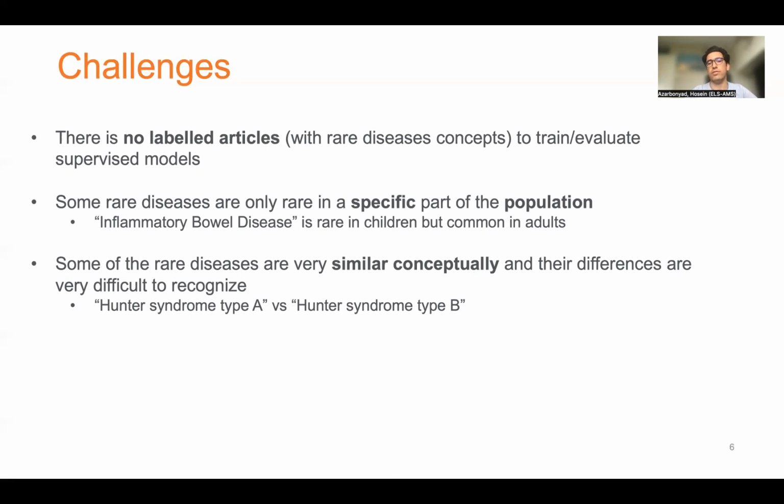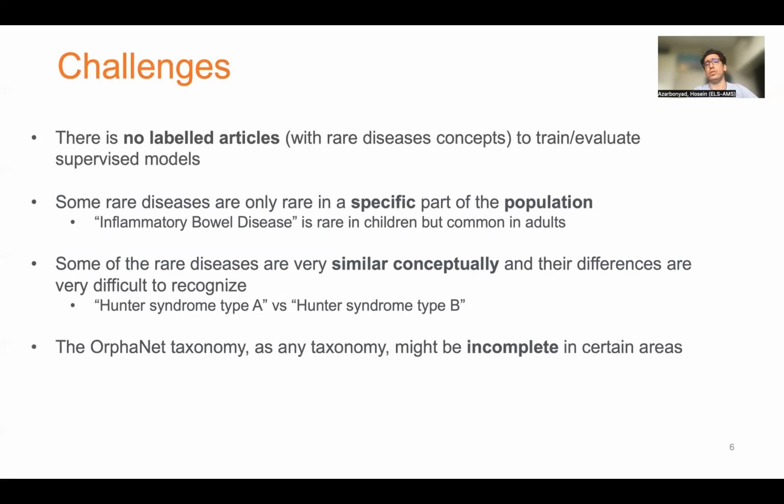And sometimes even the symptoms or the genes causing diseases are also very similar, and any shallow model that you want to build would fail to detect the differences between different rare diseases. So you need to build a model that can understand the context and also understand the genes and symptoms and can differentiate between them.